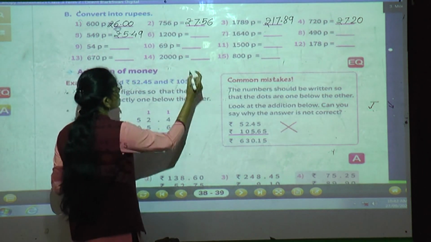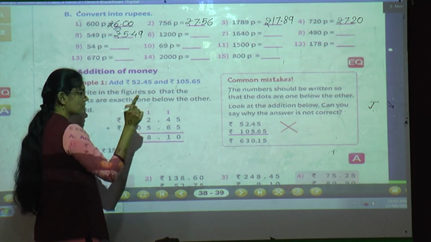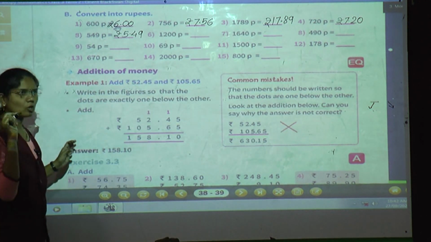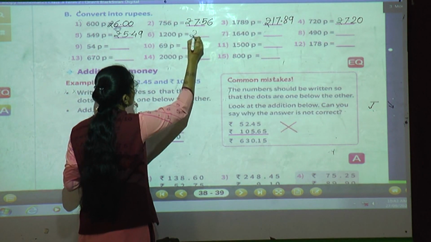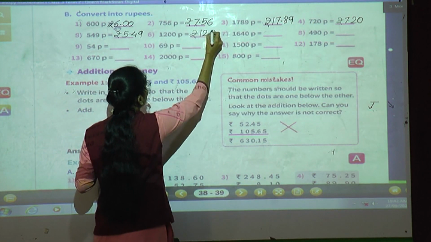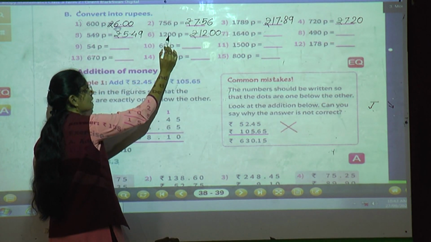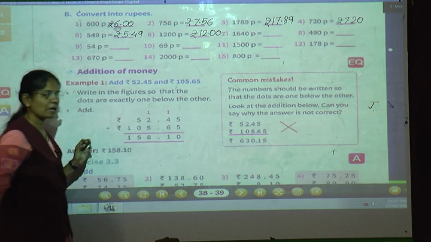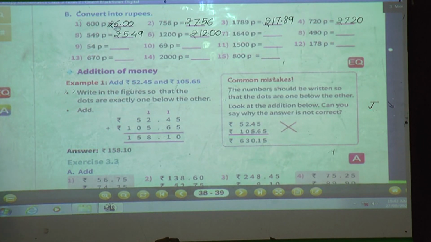Or else you can do the same way from the right side: before the second digit you have to put a dot. So here 1200 paise means rupees 12.00. Before the second digit means before 0 we have to give a dot. So the answer is rupees 12.